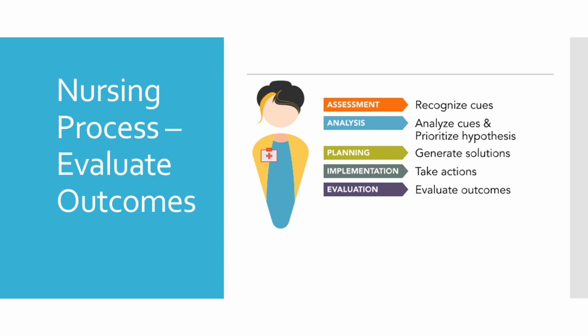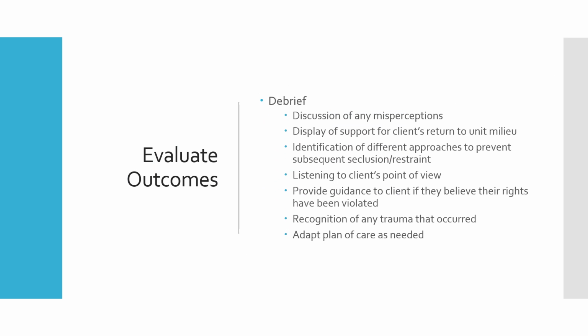And then we need to evaluate our outcomes. How did our recognizing our cues, analyzing, generating those solutions, taking actions, how did that go? So a tool frequently used in psychiatric mental health nursing is debriefing, and this involves meeting with the client and other pertinent individuals to review, discuss, and document incidences that just occurred.